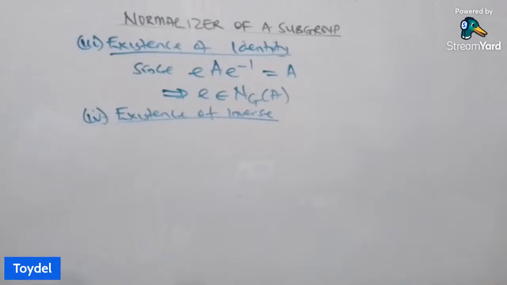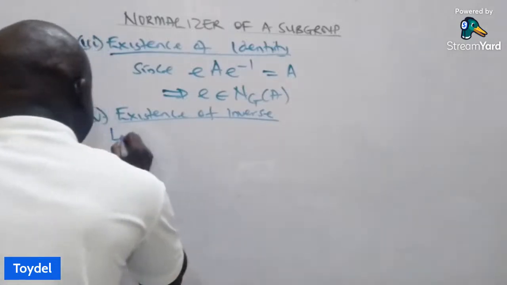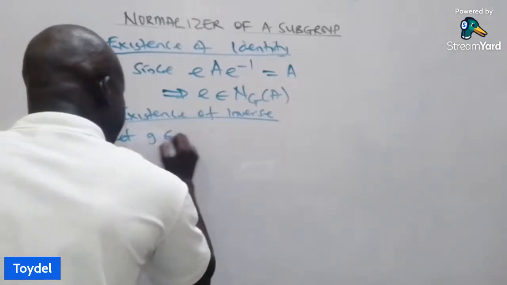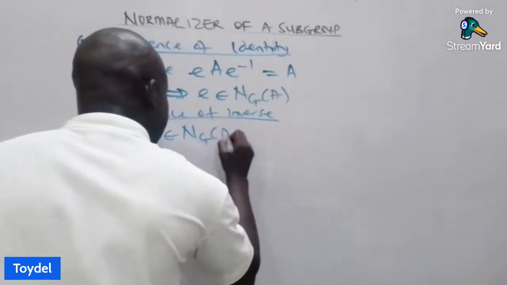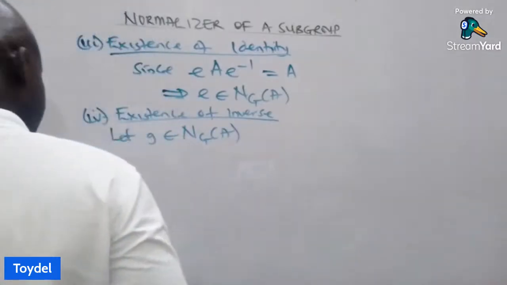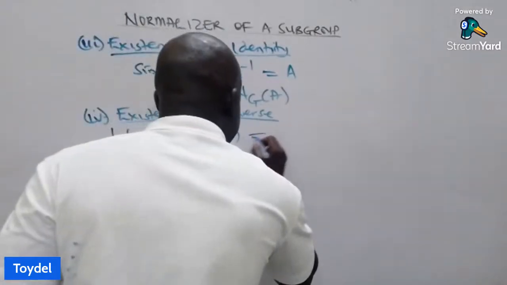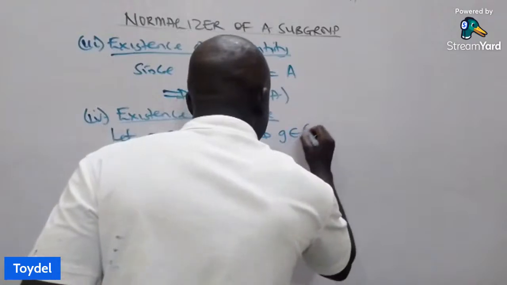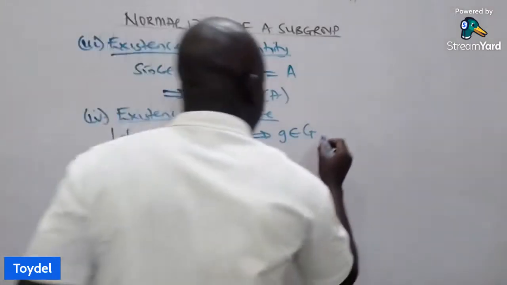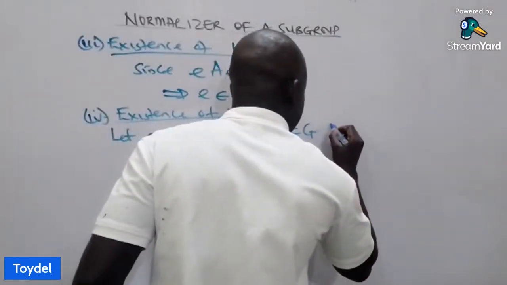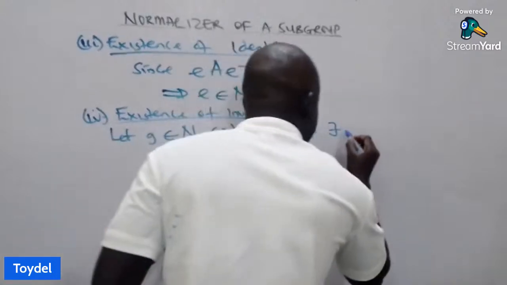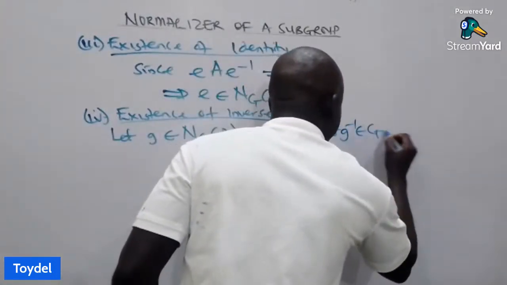So how do we check that? We say let G belong to the normalizer of the subgroup. This implies that G belongs to that group. Then there exists G inverse that belongs to that group.